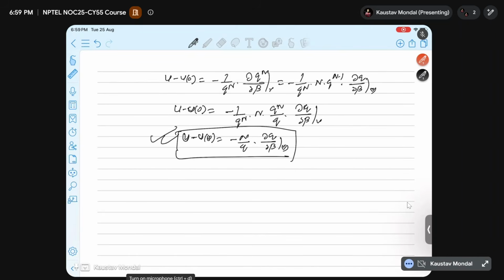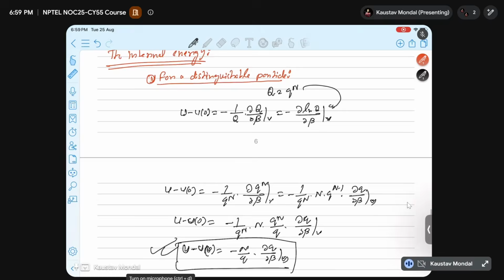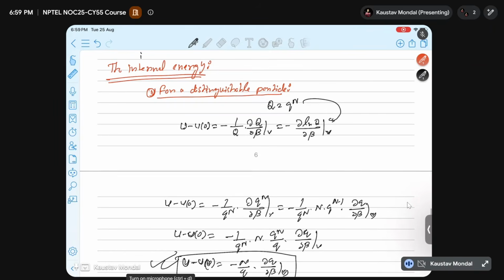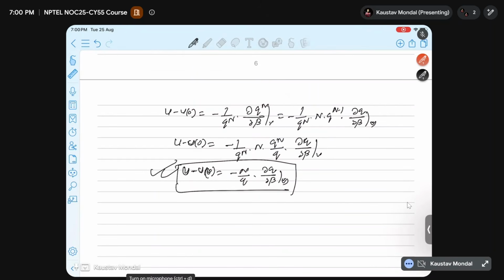Okay, for distinguishable particles. This is how, from the definition of the canonical partition function capital Q, you get the same expression in terms of the molecular particle partition function small q.